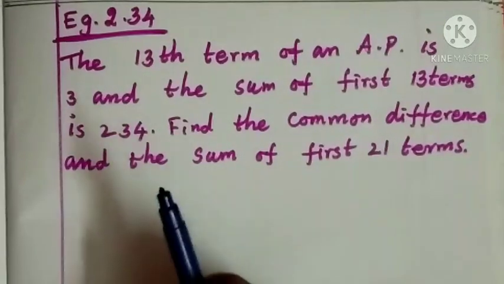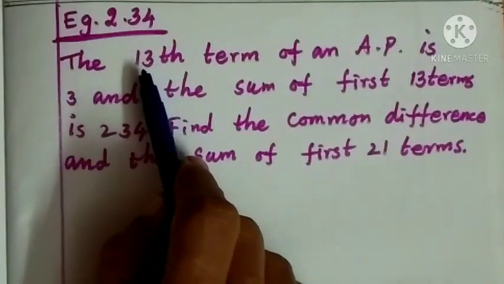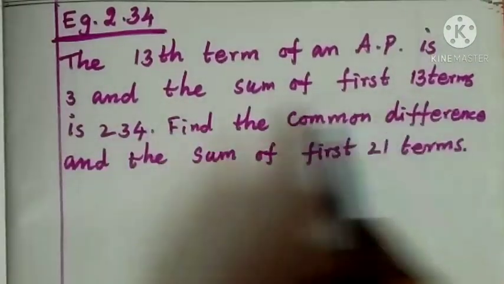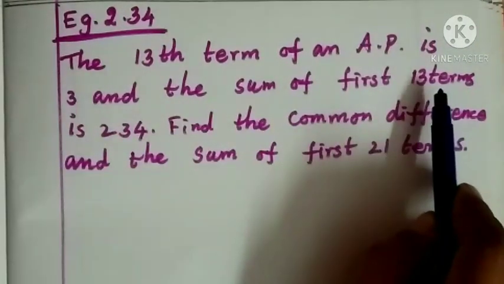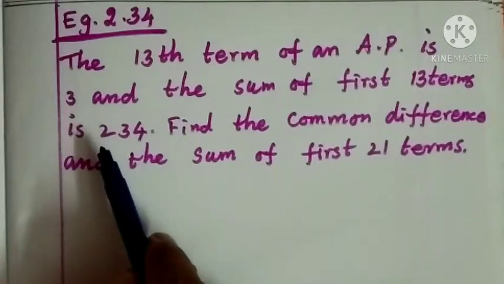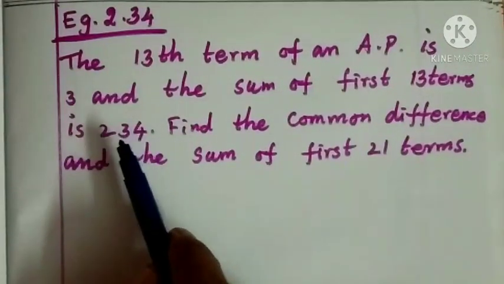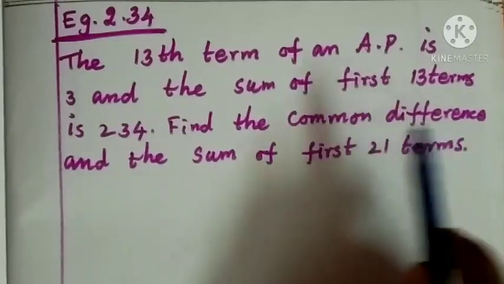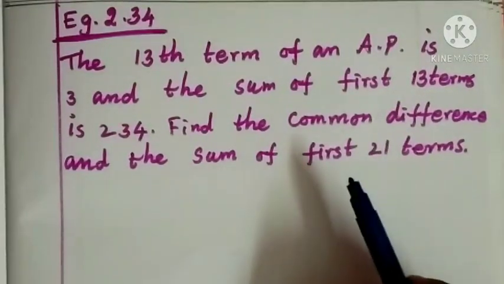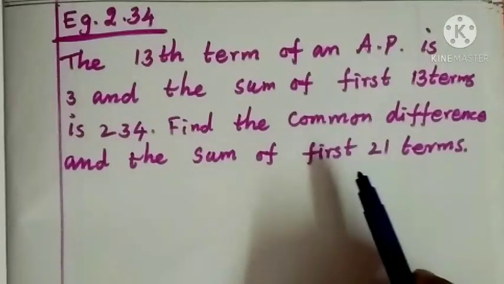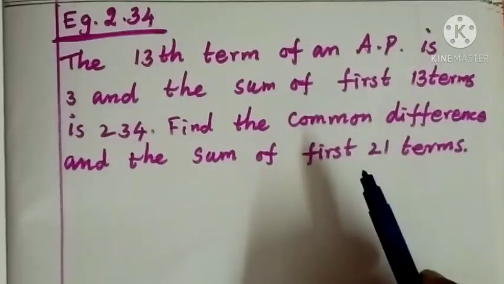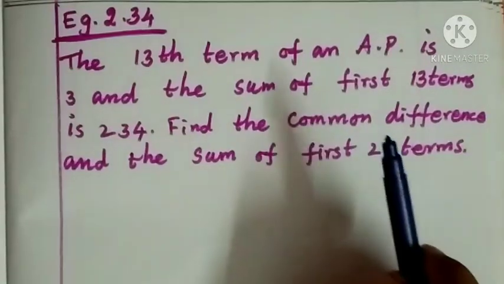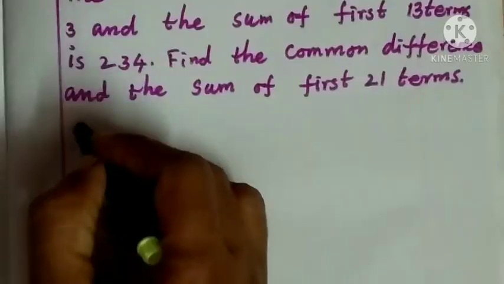In this question, the value of T13 is 3 and the value of S13 is 234 are given. We have to find the common difference d and find the sum of the first 21 terms, that is find the value of S21. Let us do the solution.